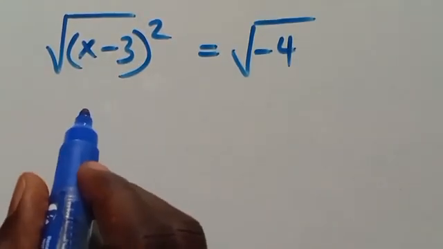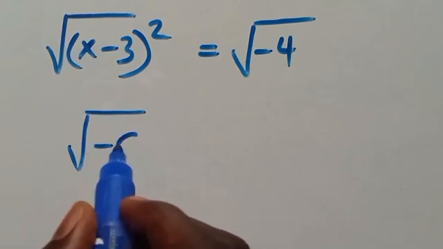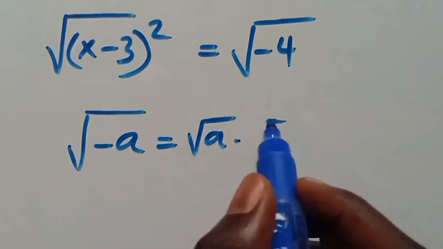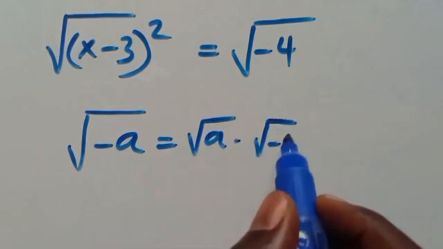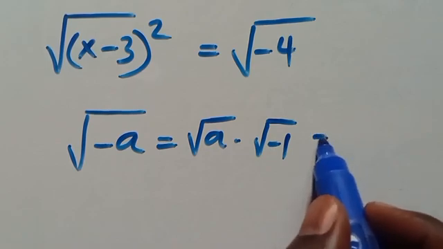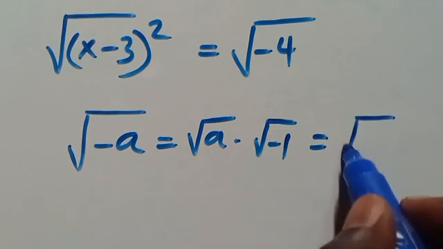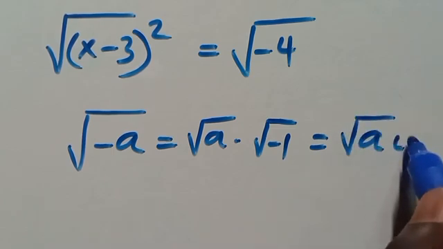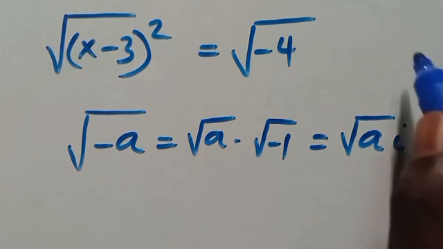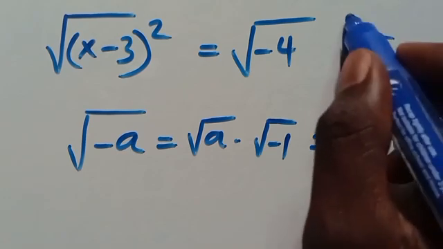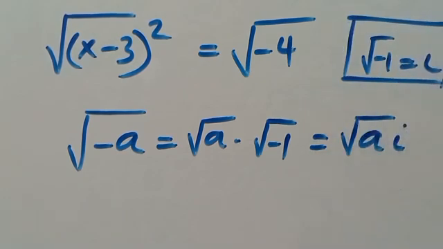Then recall that when we have root of minus a, it can be simplified as root of a multiplied by root of minus 1. And root of minus 1 equals i. So we have a root of a multiplied by i. So note that root of minus 1 always equals i, a complex number.